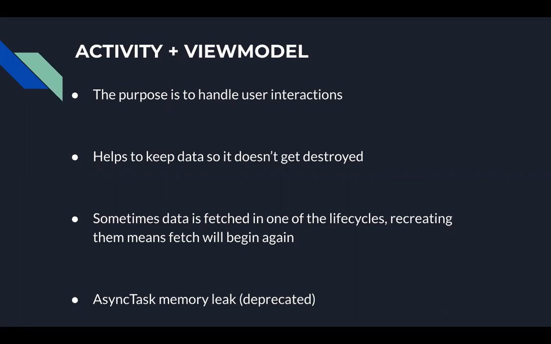Okay, let me just explain the purpose of ViewModel. So in Android, there's this thing that we call ViewModel. The ViewModel comes from the architecture that Android has decided to implement. What an architecture means is how you present data to your UI.